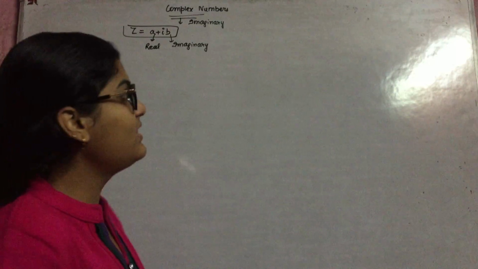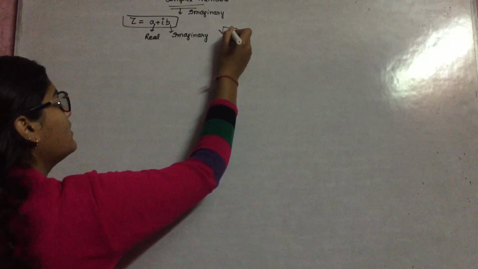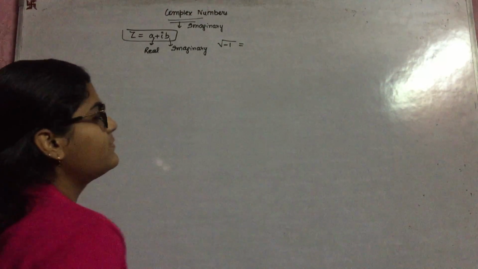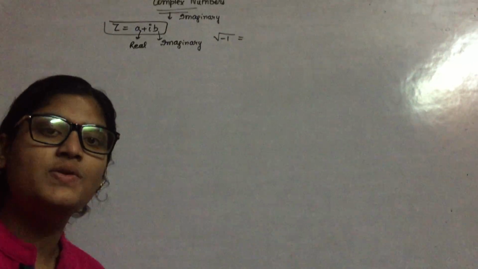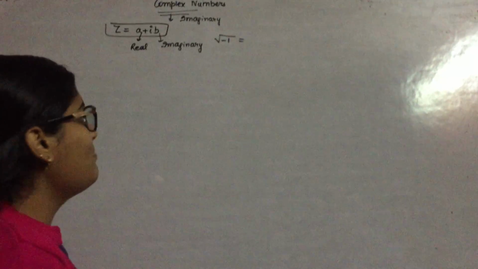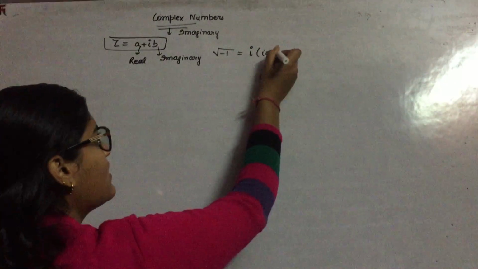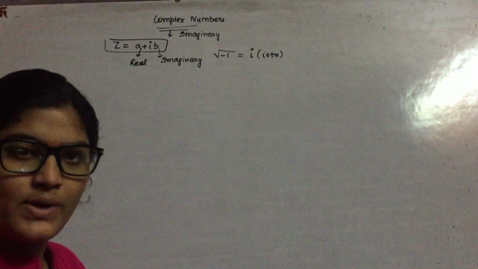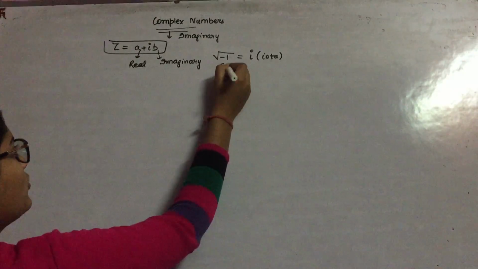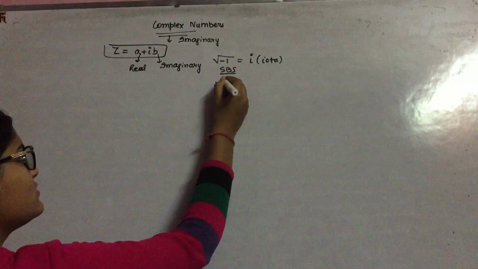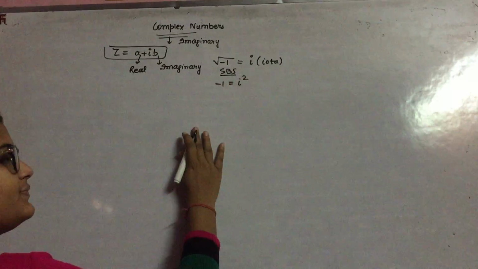As you know very well, the root of a negative number is not defined in real mathematics, but in complex numbers it is denoted by iota. So if you square both sides, what will you get? Minus 1 as iota square.